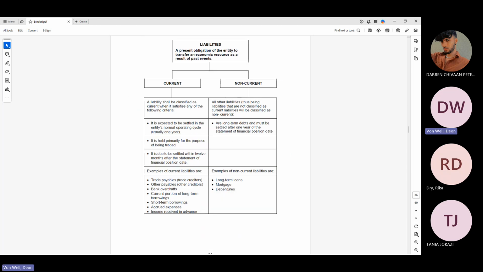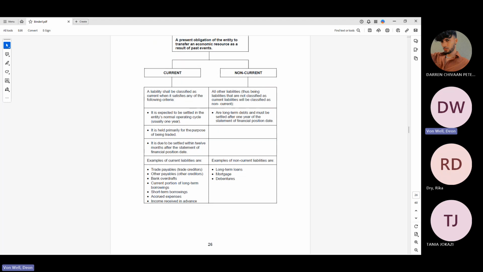My current portion of a long-term borrowing, my short-term borrowings, my accrued expenses, income received in advance. It's all examples. Learn these examples for current liabilities. So when you see bank overdraft, you must know it's a current liability. If you see mortgage, long-term loan, or debentures, you must know it's a non-current liability. Learn them.